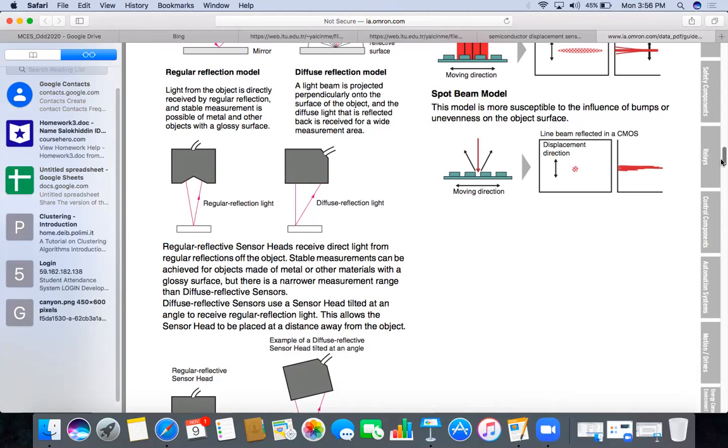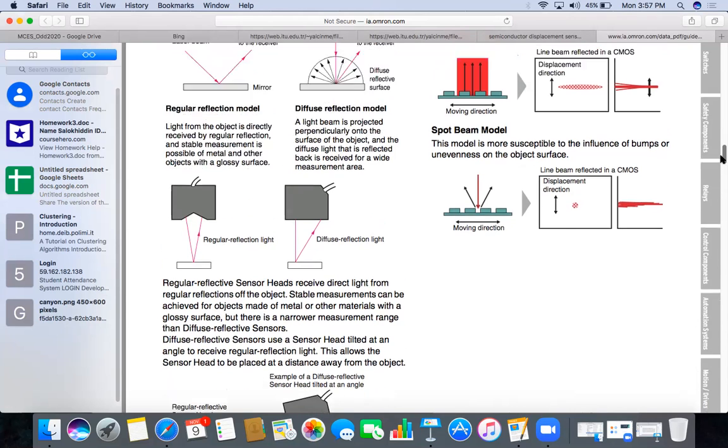Stable measurement can be achieved for objects made of metal or other materials with a glossy surface, but there is a narrower measurement range than diffuse reflective sensors. Diffuse reflective sensors use a sensor head tilted at an angle to receive the regular reflection light. This allows the sensor head to be placed at a distance away from the object.